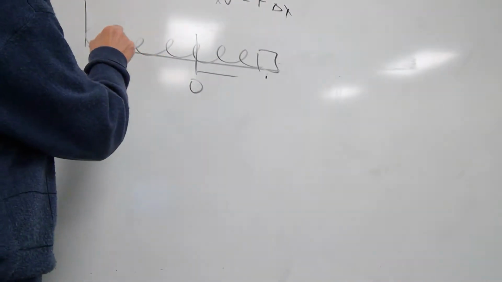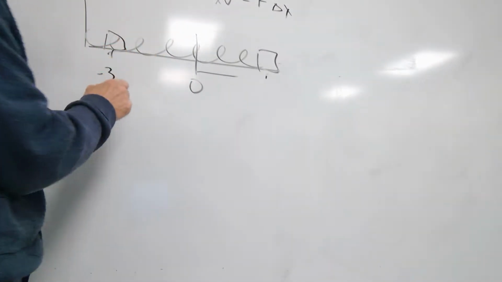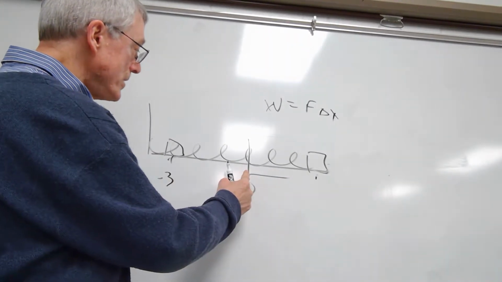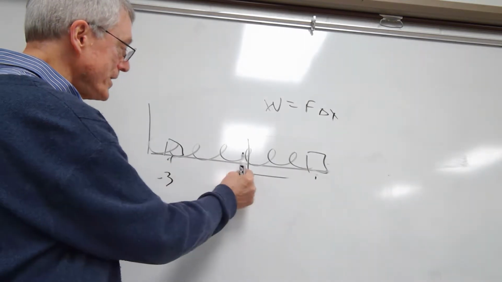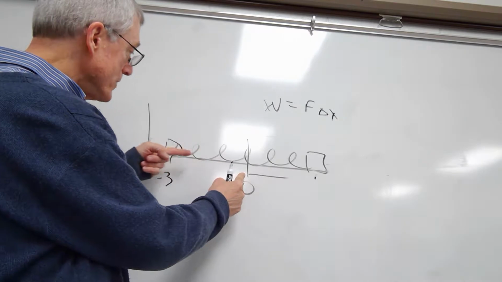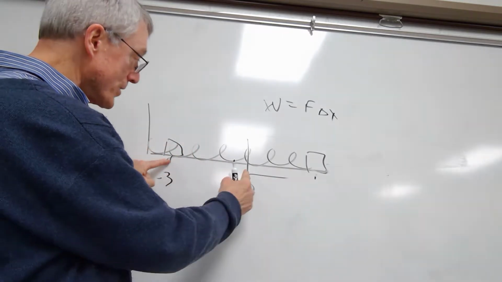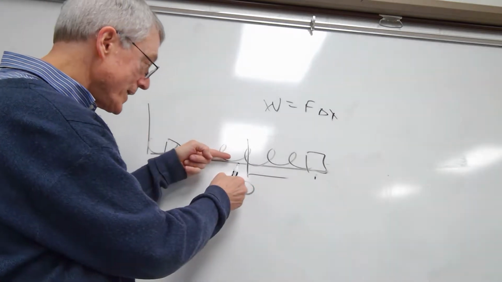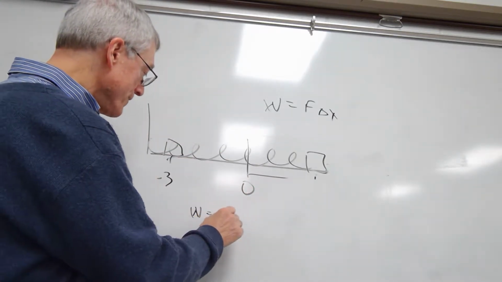It starts way back here at -3. It goes to 0, and when it goes from here to here, the spring is doing positive work because it's pushing to the right and the block's moving to the right. So there the work is positive.